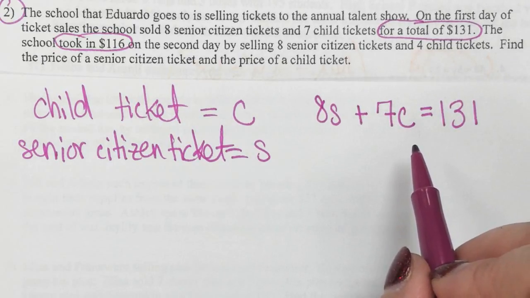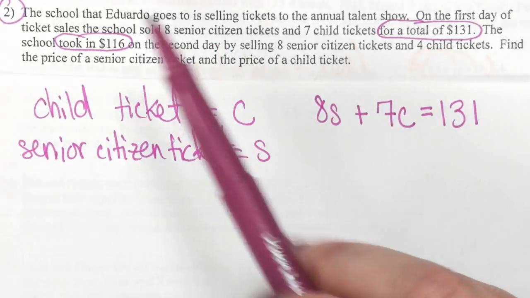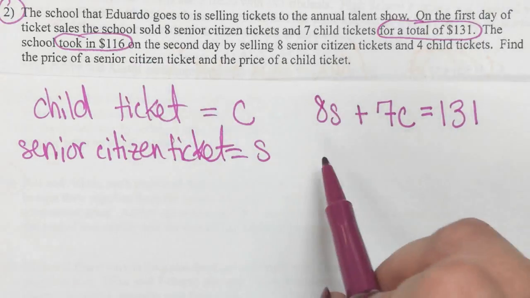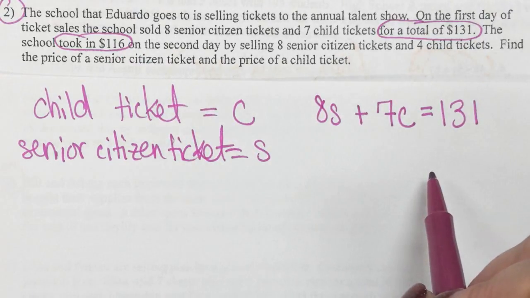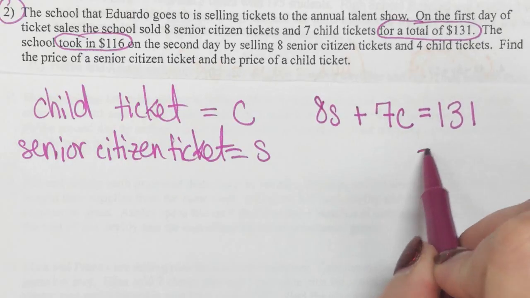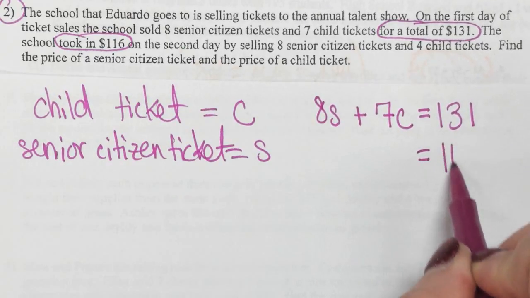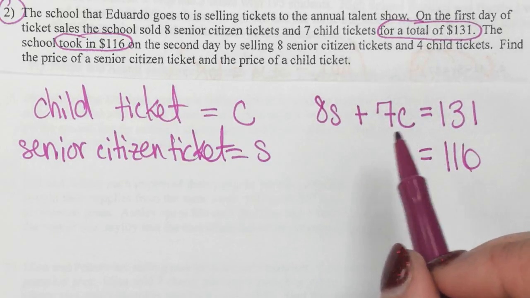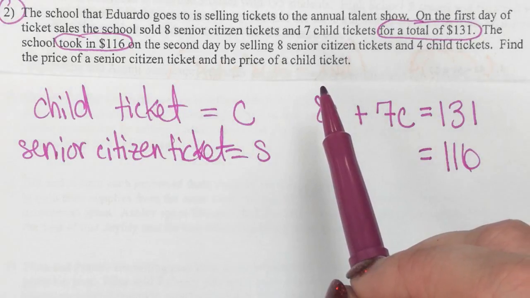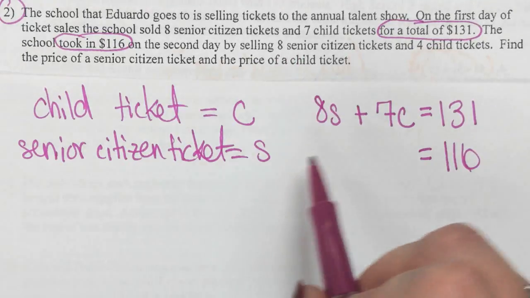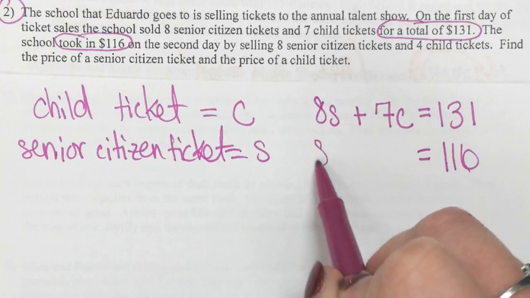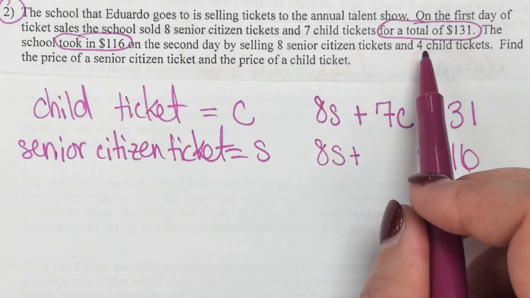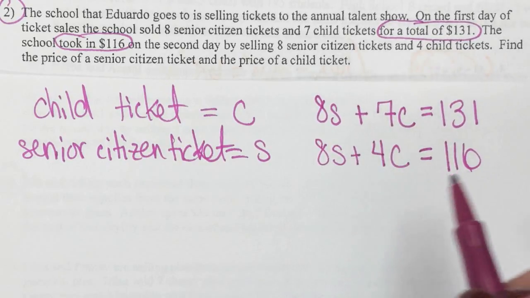Where does the 116 go underneath here? Equals 116. Because then what's it say after that? So what do I line up here? 8S was the 8 senior citizens. And then how many child? 4 child. You just have to line them up.